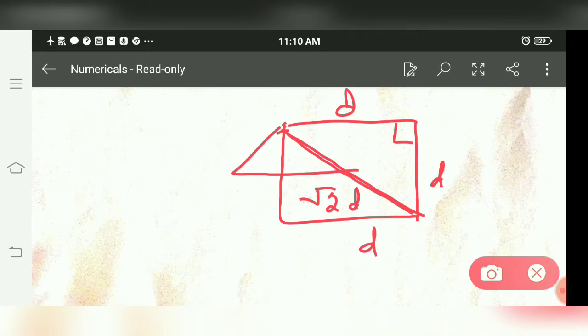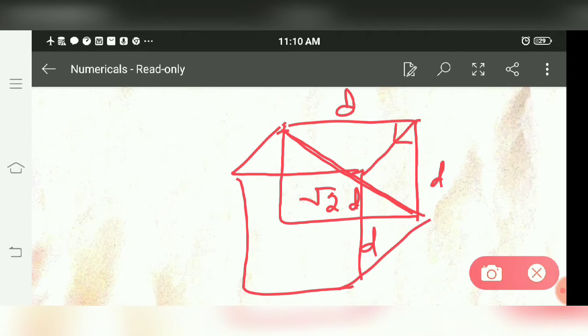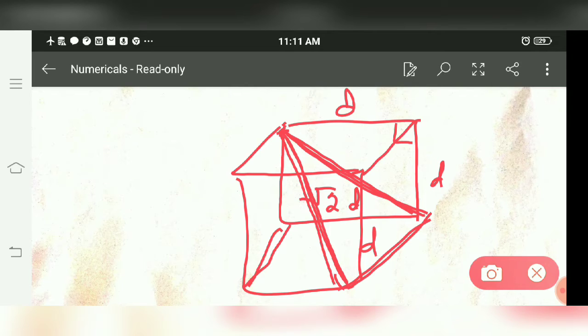Now this is the rest of the cube. I'm going to take a triangle: the front face diagonal, the back face diagonal, and this side and this side.